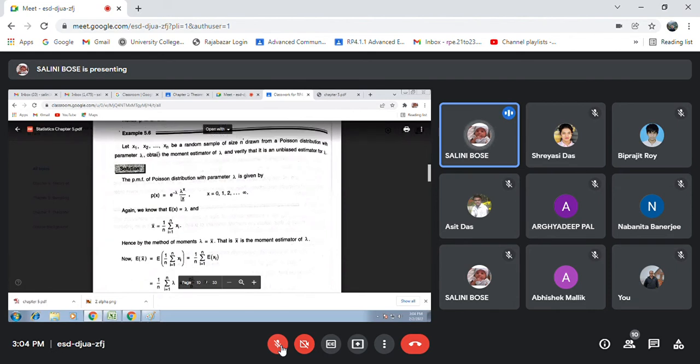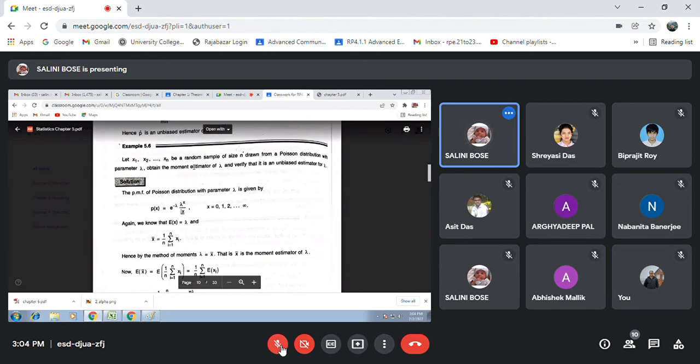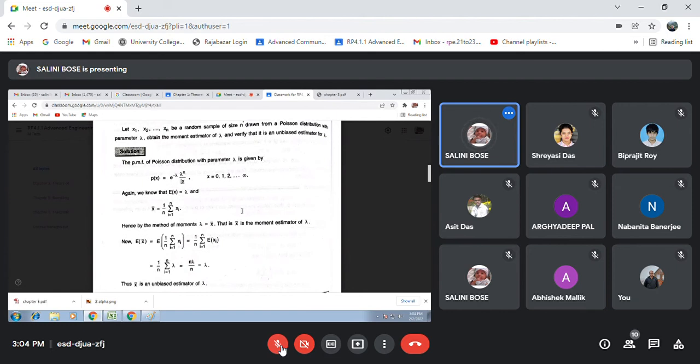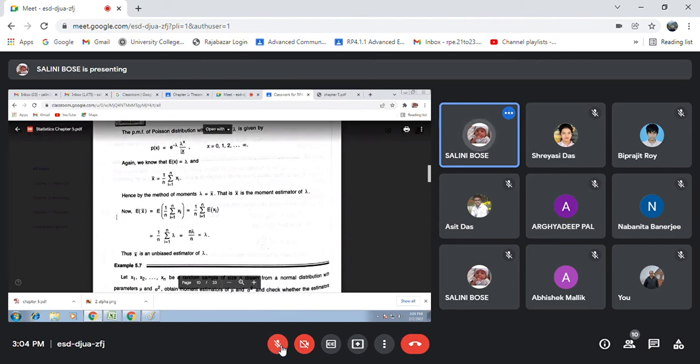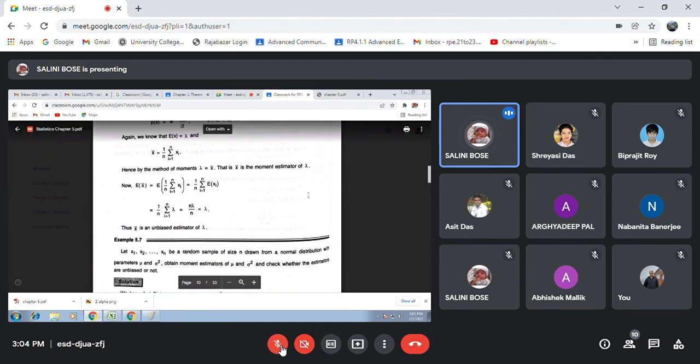So X bar is the moment estimator of lambda. Now we find E of X bar, which is n times lambda, so n lambda by n equal to lambda. You see E of t equal to theta. So E of X bar equal to lambda means X bar is an unbiased estimator of lambda. So it is also verified.